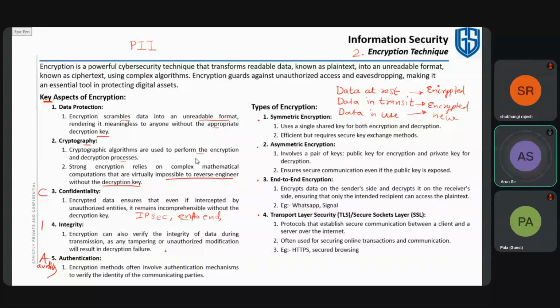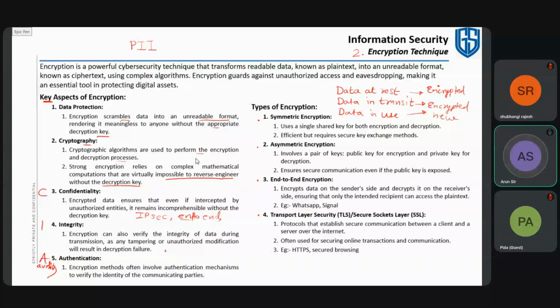Only the intended recipient will access the plain text, and nobody else will get access to any part of this signal. So that is actually better than the other encryption techniques.